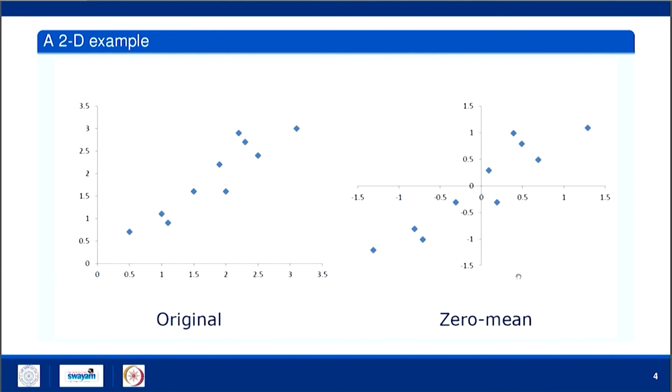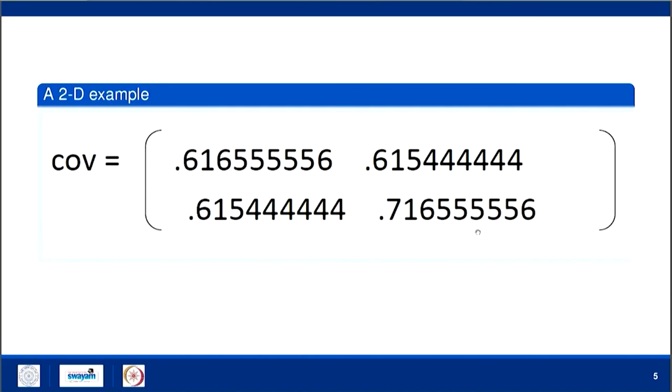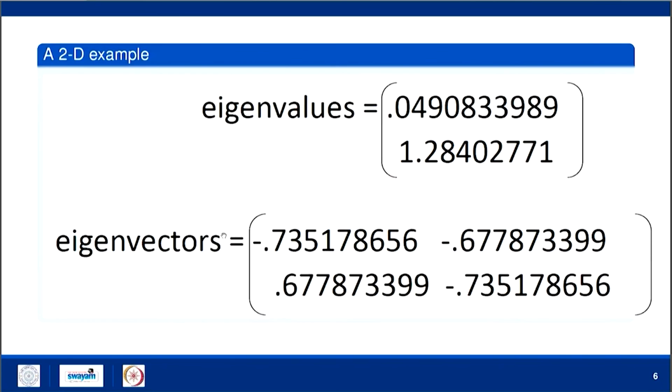Now, from this data I will find the covariance matrix, and the covariance matrix comes out to be this one. Now I will find the eigenvalues and eigenvectors of this. So the eigenvalues are 0.04908 and 1.2840. Similarly, the eigenvectors are these. So this is the bigger eigenvalue, so this is the direction of the principal eigenvector.